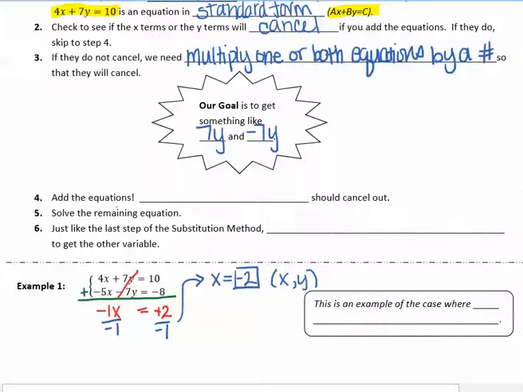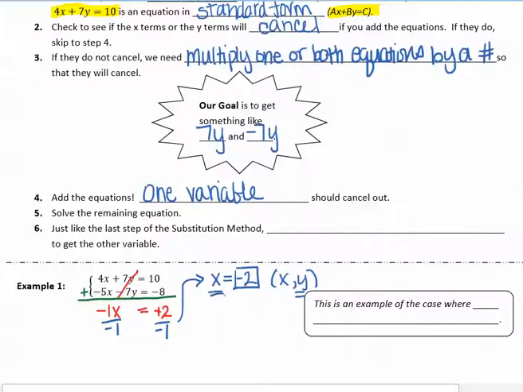Okay, we added the equations. Okay, and one variable should cancel out, and it did. And we needed to solve the remaining equation, which we did. So like I was saying, we need to find the y. We only have the x.